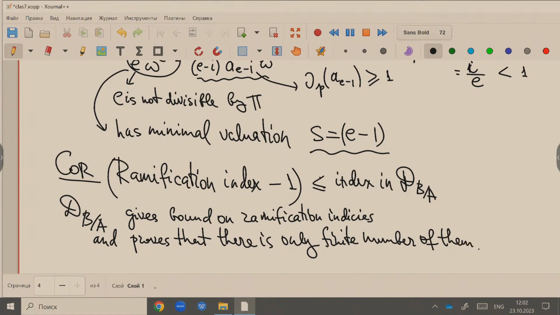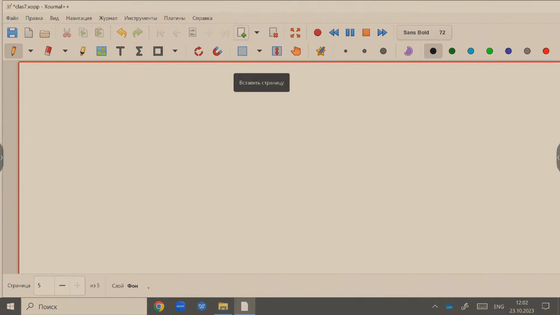Okay, so let us pass to the next topic. The question is, can one have a more precise estimate in terms of the groups? The estimates that we have obtained for ramification indexes are not very good because they are not defined intrinsically.